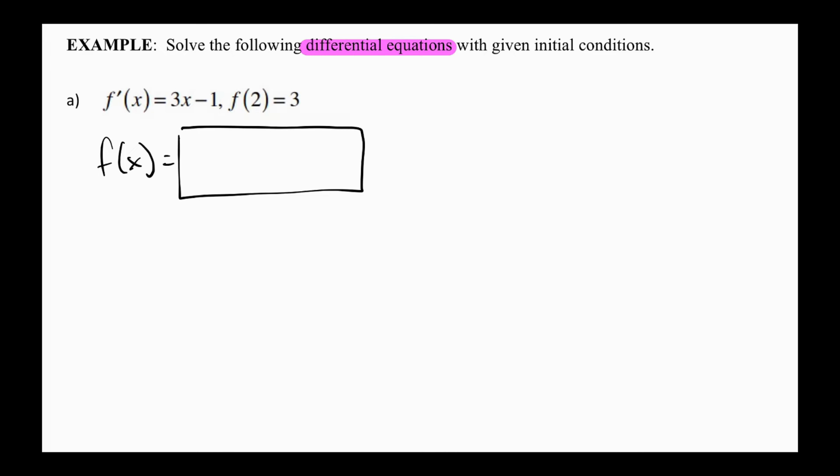I'll give you a hint. It's the title of these sections of notes. Find the antiderivative. Yep. To go up instead of down, we do antiderivative, right? So the first thing we got to do is find the antiderivative of 3x minus 1.